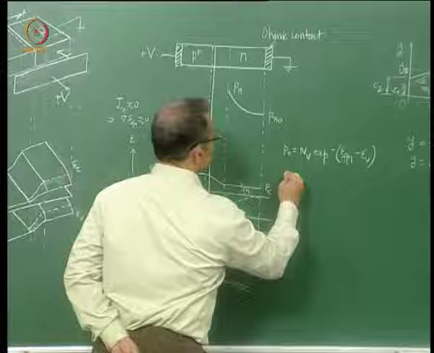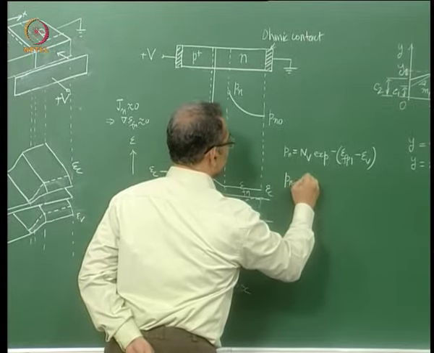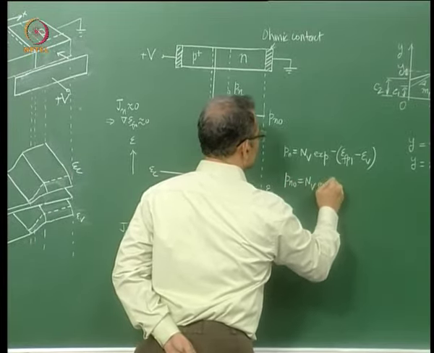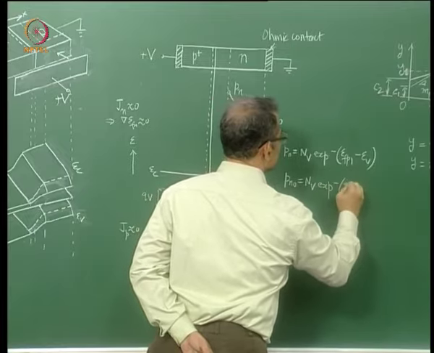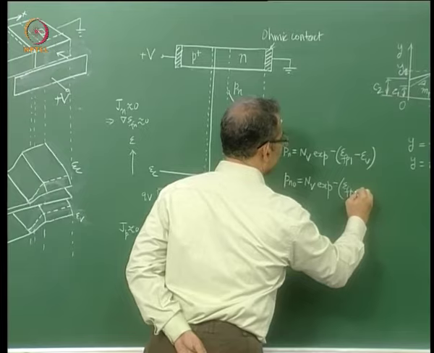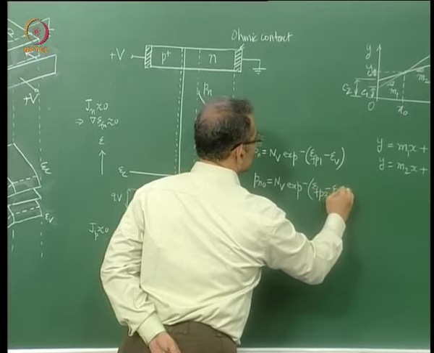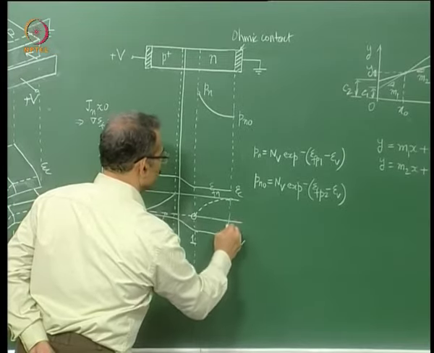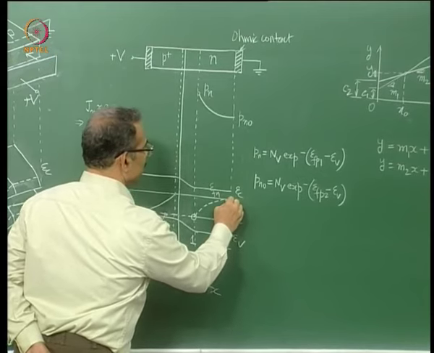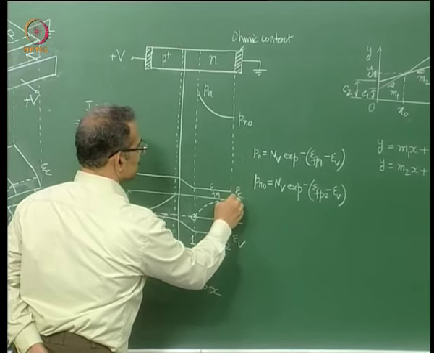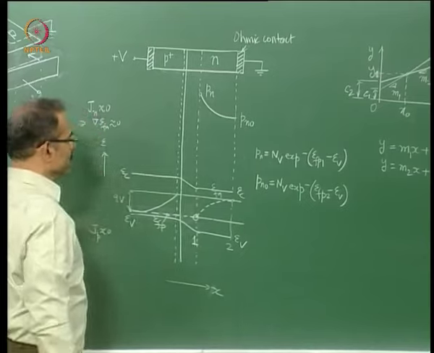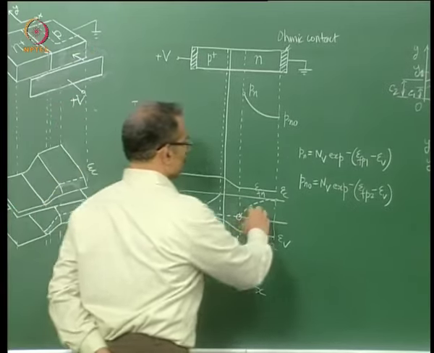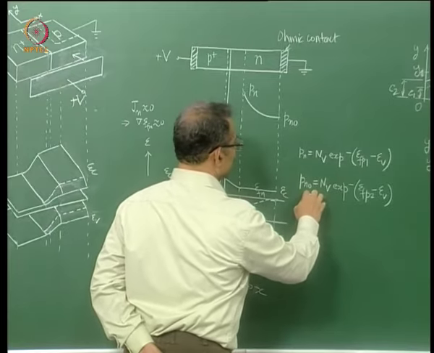Now what about Pn0? I can write this as Nv into exponential of minus of EFP at the contact, let us call that point 2, minus EV. So at the contact, that is, this is point 2, this EFP is merging with this EFN. Now I can take the ratio Pn by Pn0.